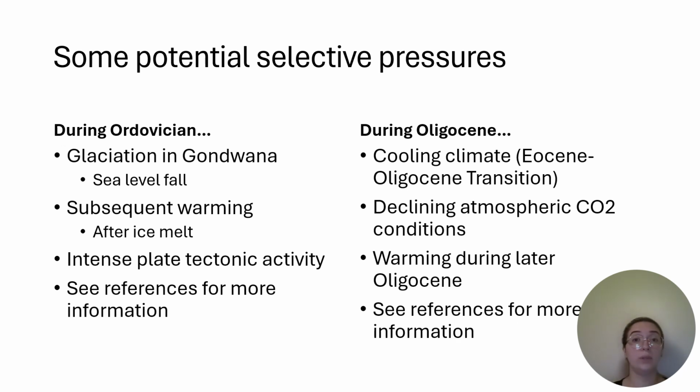Although there might have been some differences in the selective pressures created by the Ordovician versus Oligocene environmental conditions, we know that changing climate and temperature were shared among the two. These selective pressures, and some that might be a lot less obvious, could have contributed to the convergent evolution of Ordovician bryozoans and modern corals.